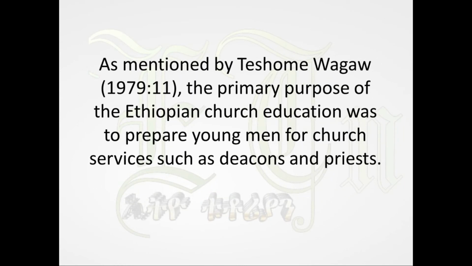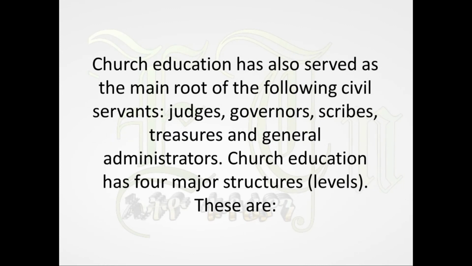As mentioned by Teshome G., 1979, the primary purpose of Ethiopian church education was to prepare young men for church services such as deacons and priests. Church education also served as the main route to the following civil servant positions: judges, governors, scribes, treasurers and general administrators. Church education has four major structures, or levels.